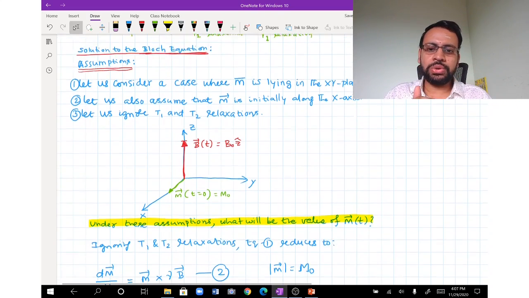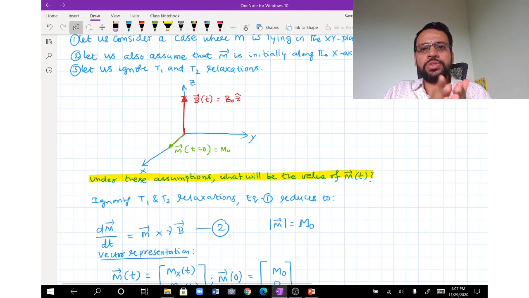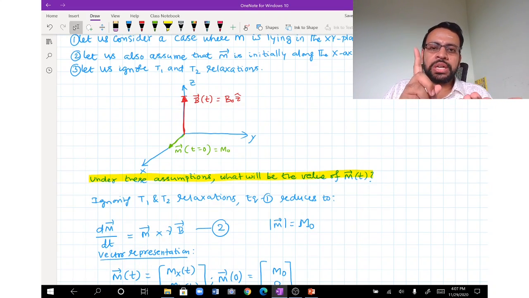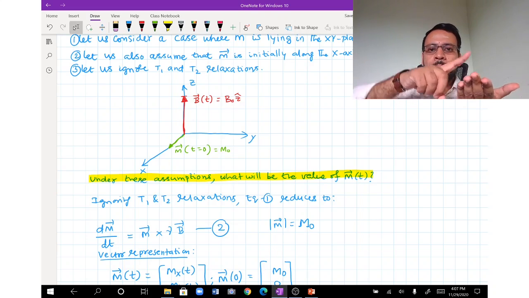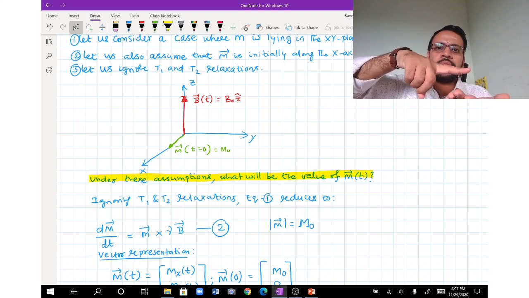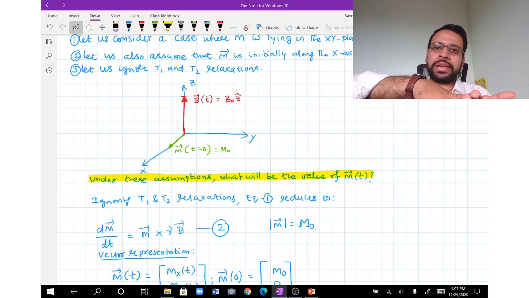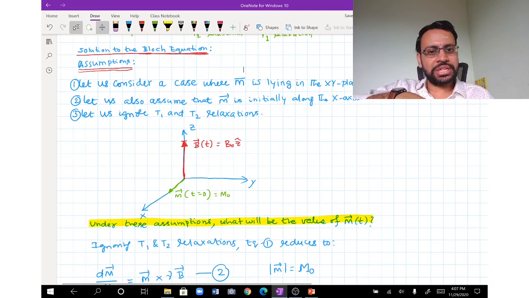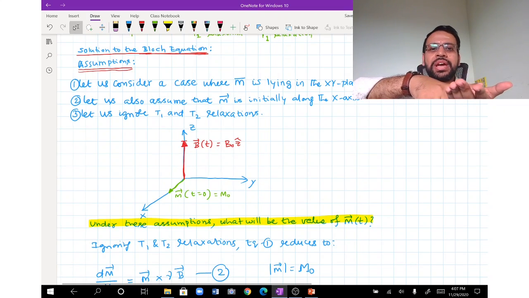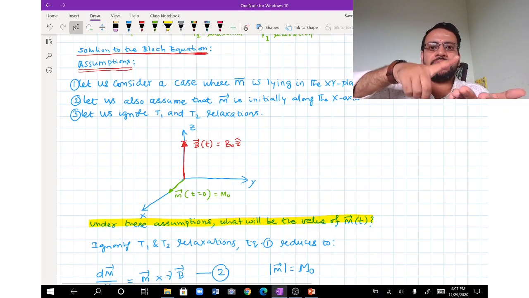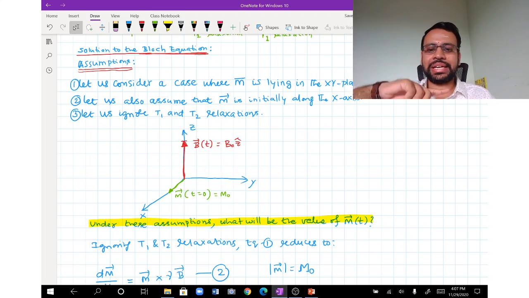Initially, assume that the B1 RF field that you have applied made your M bar magnetization come into the xy plane completely. That's the first assumption. Even further, for the convenience of the derivation, I am assuming that it is along the x-axis. That's the second one.